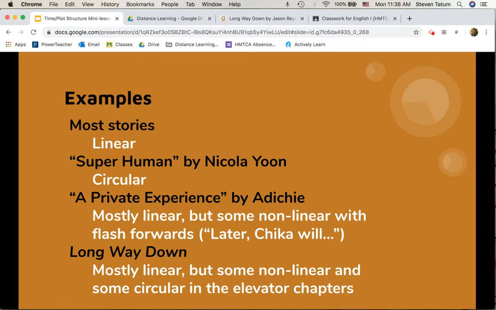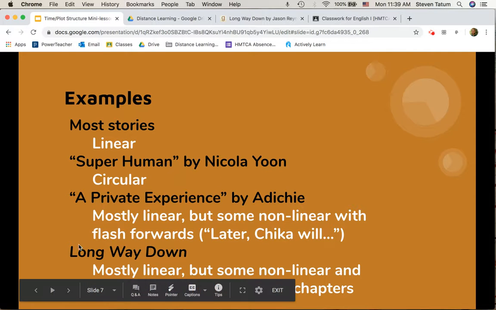But obviously, there's tons of flashbacks, and each of those elevator rides is kind of like a circle where it starts with the person coming in the elevator with Will, and then we get a long flashback of who they are and how they're connected, and then it ends with them on the elevator again too. So really interesting structure going on in Long Way Down.